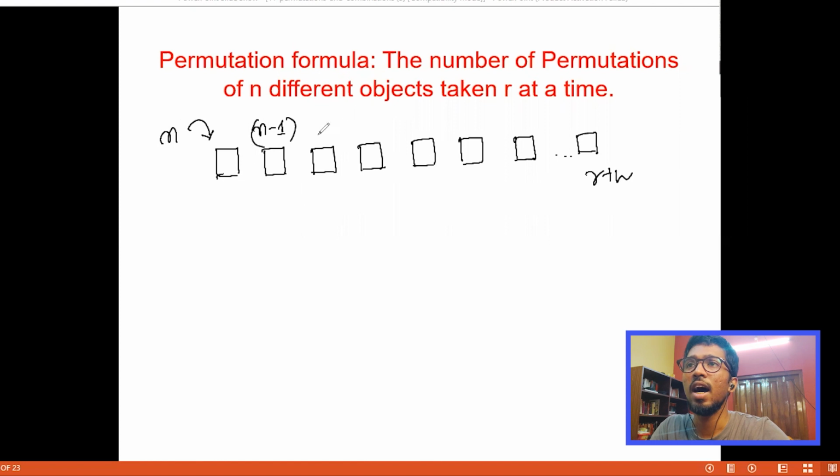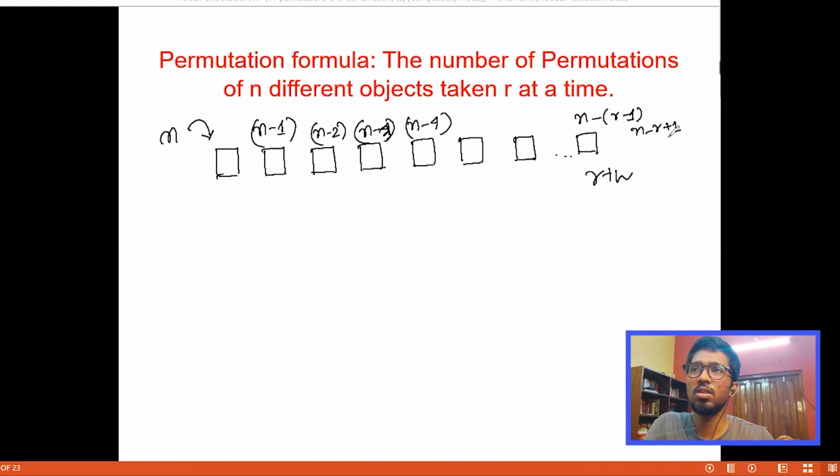After putting one, I can put n minus 2 objects in the third one. Then n minus 3 in the fourth position, in the fifth position n minus 4. Like this, in the last position, it will be n minus (r minus 1), so it will be n minus r plus 1, right?